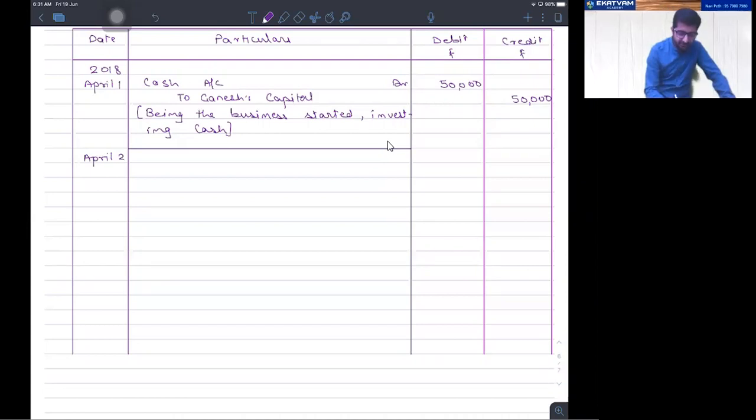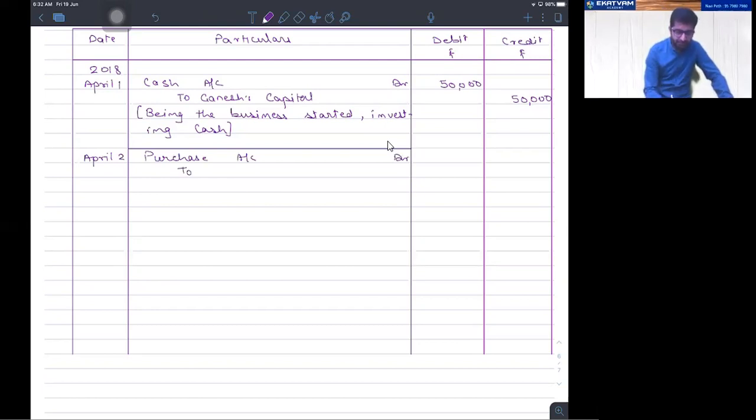Entry will be purchase account debit, because whenever there is a purchase or sale of goods, I told you that on purchase of goods, the account getting affected will be purchase account. On sale of goods, the account getting affected will be the sales account.